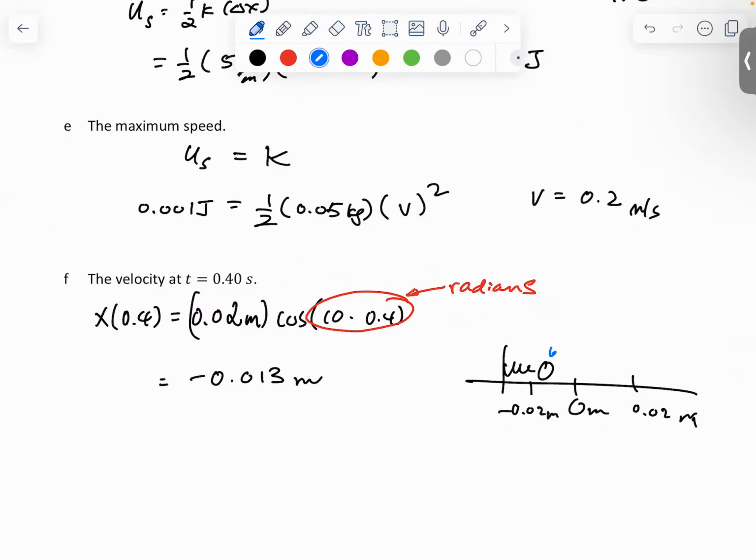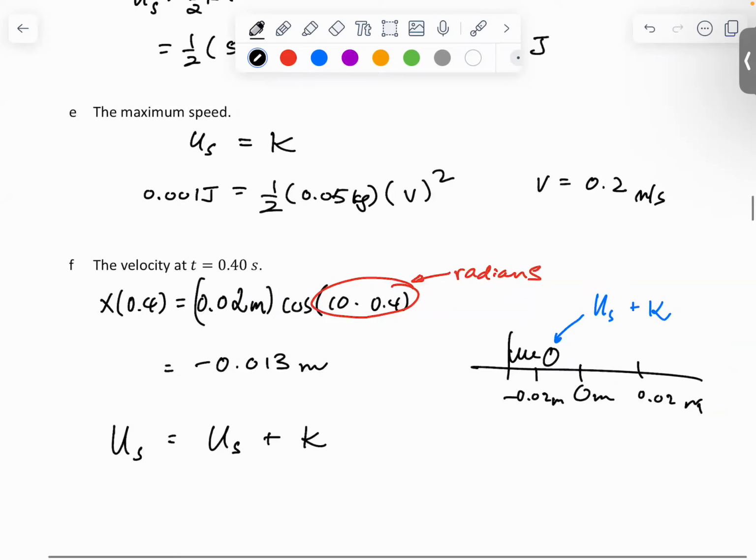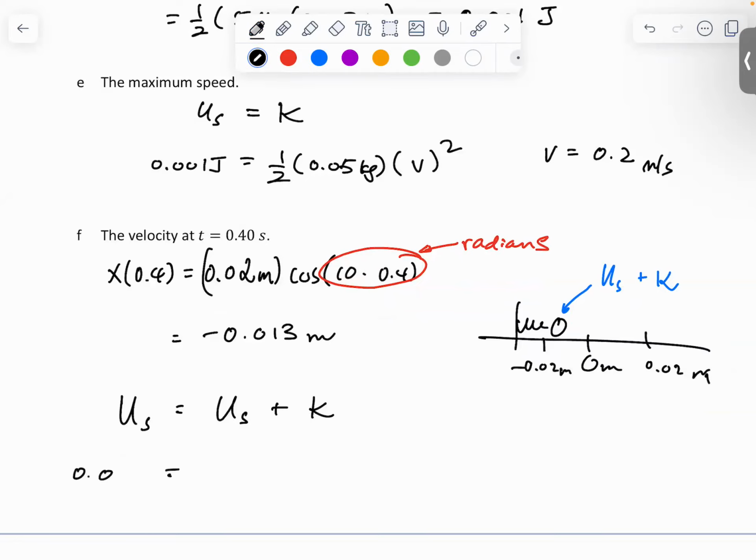This object right here is not right in the middle, and it's not at the end of it. So it possesses both elastic and kinetic energy. In the middle, at the end of it, we have the total mechanical energy, which is the elastic potential energy. But right now, it has both elastic and kinetic, so we have to take that into account.